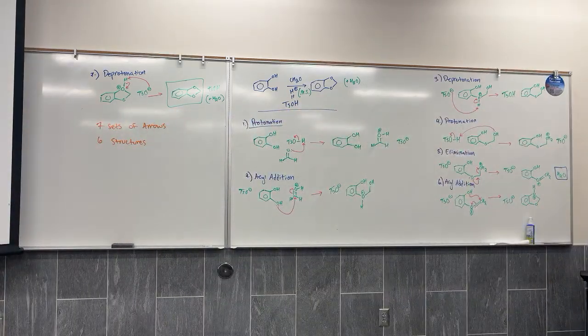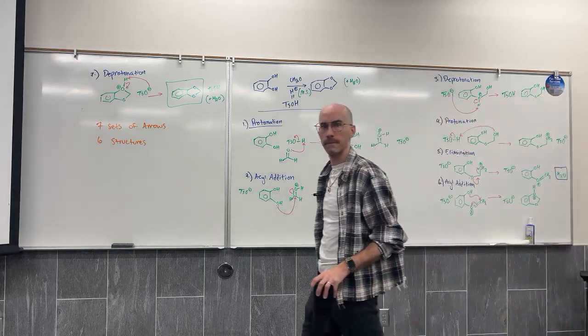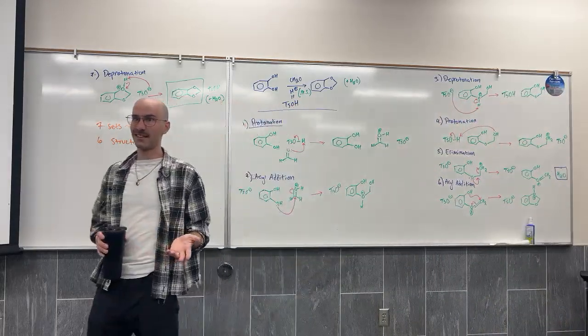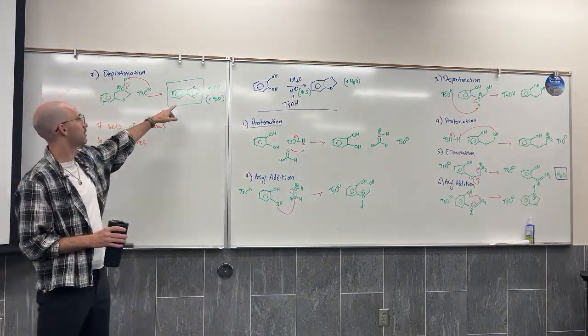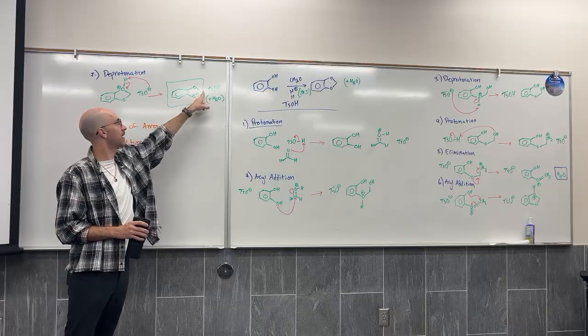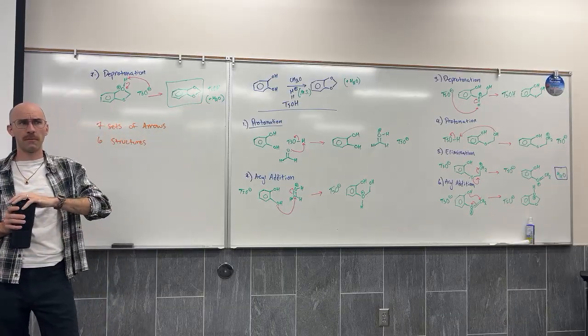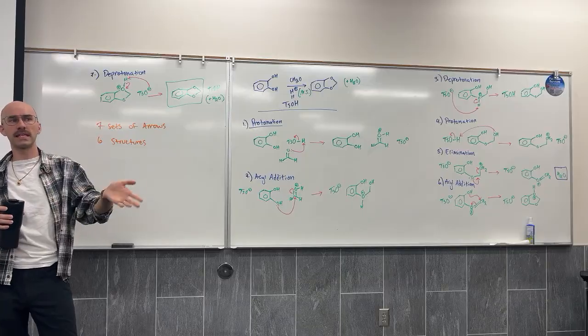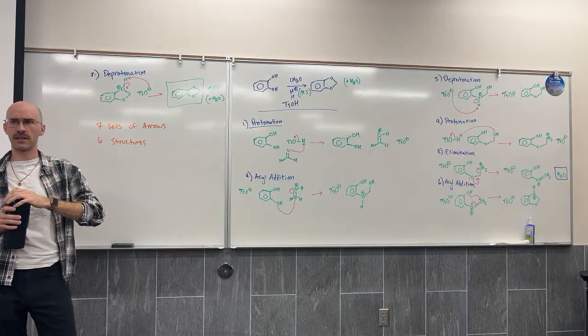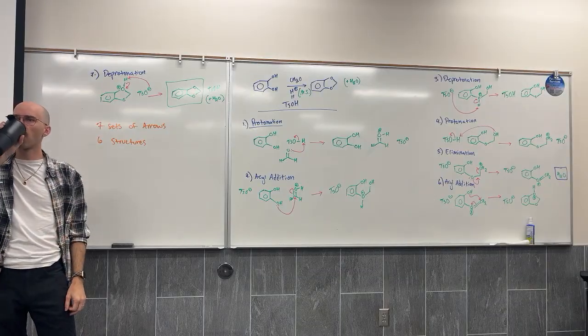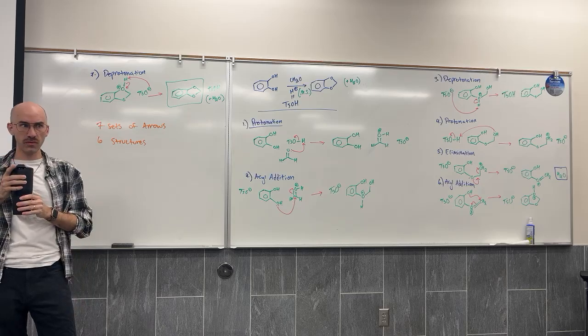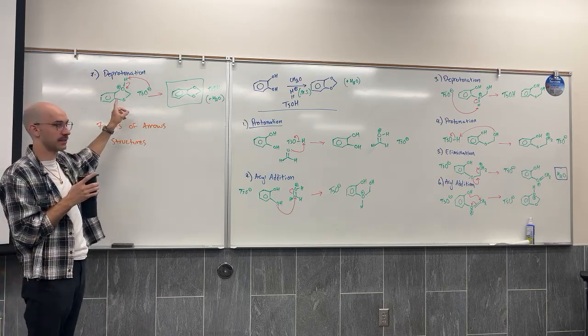Okay, one more question here. Where's the hemiacetal? An acetal, a geminal diether, has to form by way of a hemiacetal. So where is the hemiacetal? That is an acetal, sir.